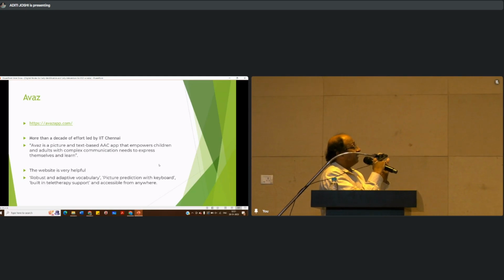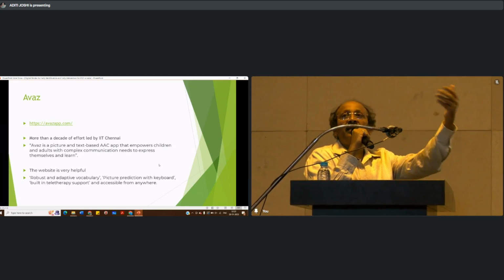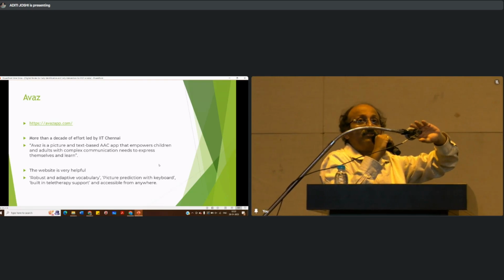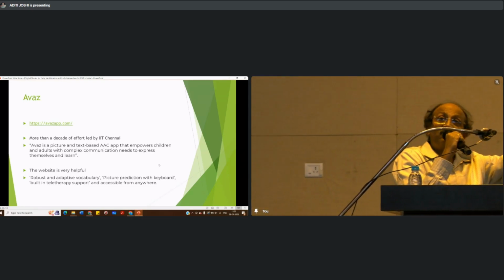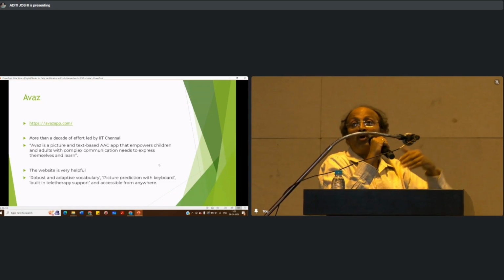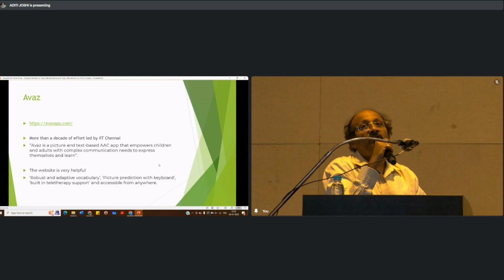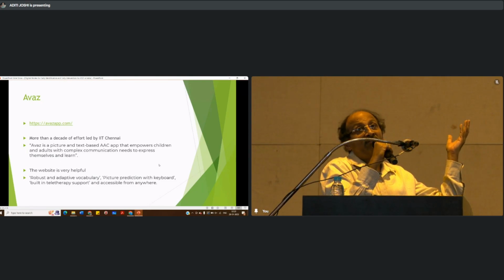And depending on the kind of words that the child is able to connect with using pictures, the AI system can actually make it much easier to create the kind of words that the child is more likely to respond to. So there's a lot of predictability kind of technology built into these apps nowadays. It's been growing for the last 10-15 years.